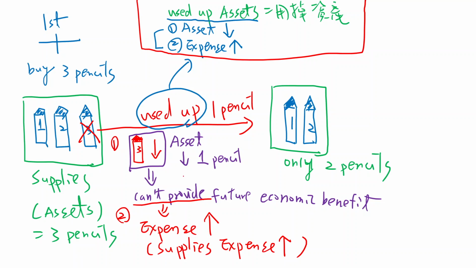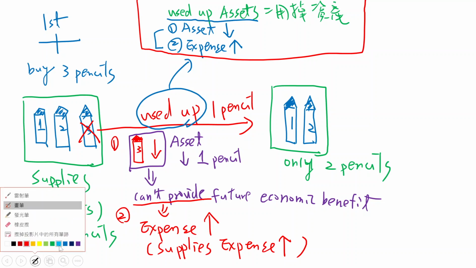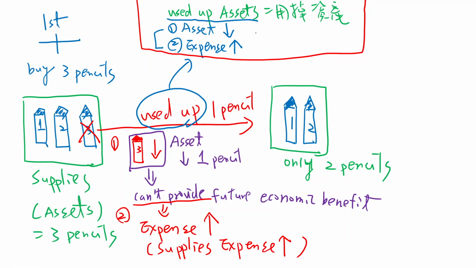Okay, any questions? So you should understand the relationship between assets and expenses. Assets used up have no future economic benefit, so your expenses will be increased at the same time.